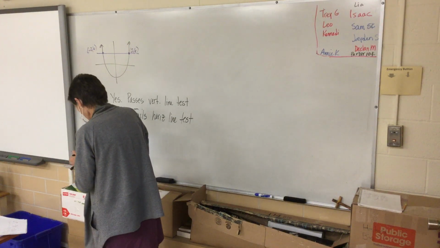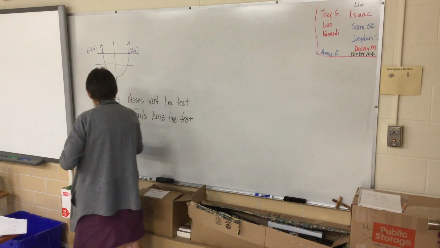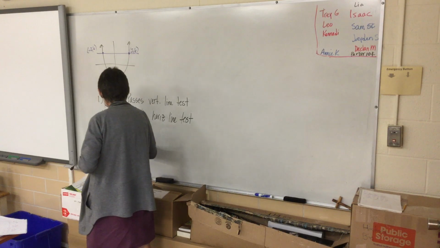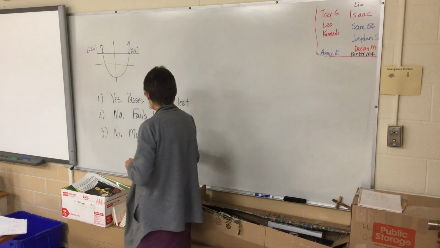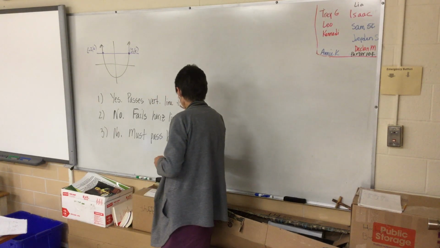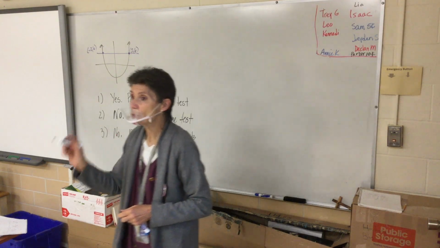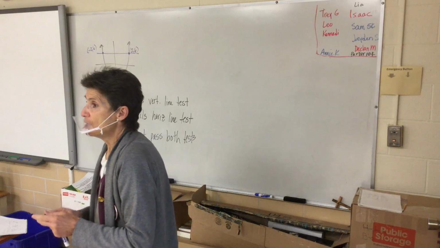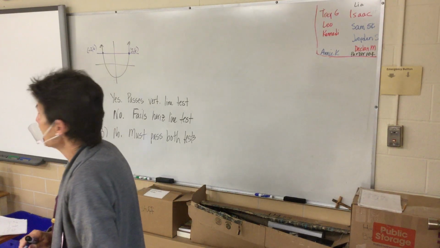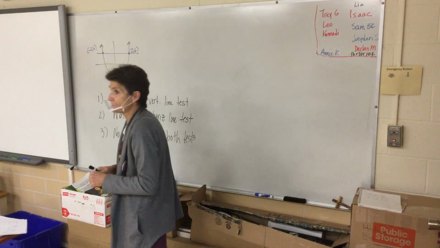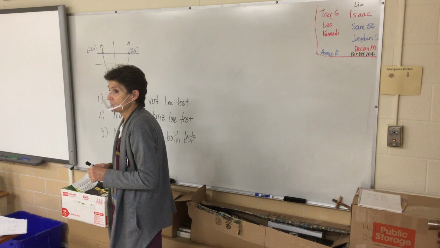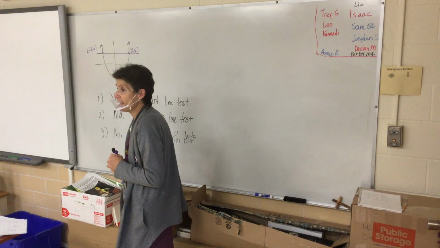Is it 1-to-1? No. Because to be 1-to-1, you must pass both tests. 1-to-1 means no x's repeat and no y's repeat. You pass both tests. This picture does not pass both.